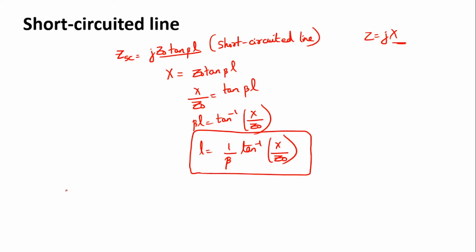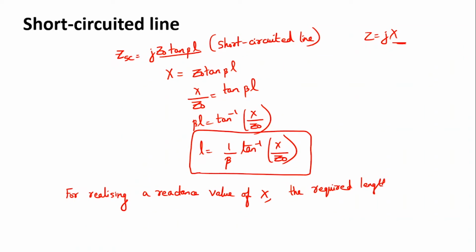So for realizing a reactance value of X, the required length of the short circuited transmission line is given by lSC is equal to 1 by β into tan inverse X by Z0.